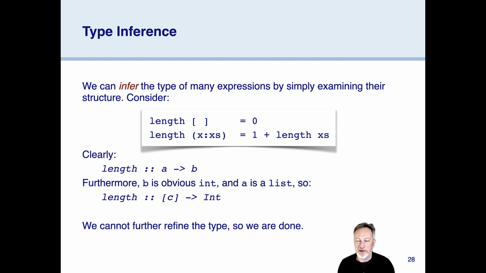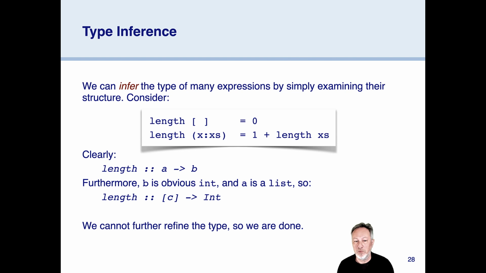Now, let's have a look at a simple example. Here we have the definition of the length function. The length function takes an empty list and returns 0, or a non-empty list and returns 1 plus the length of the tail. Just by looking at the structure of this definition, we can see that length is a function from some a to some b. If we dig a little deeper, we see that the a must be a list.